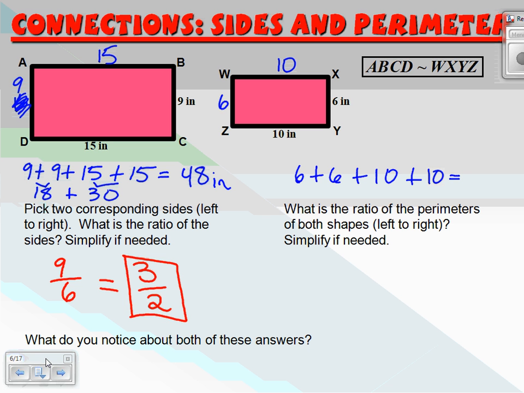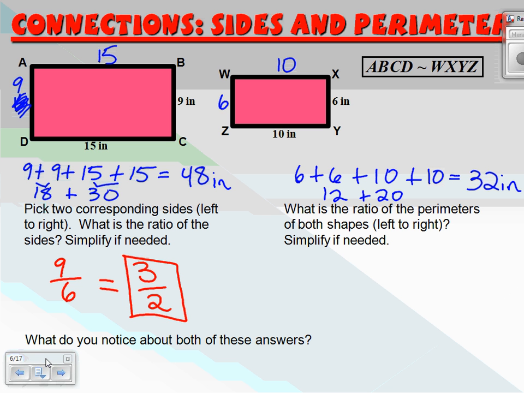What's the perimeter of the right-hand shape? 12 plus 20 adds up to 32 inches. So the perimeter of the left shape is 48 inches. The perimeter of the right-hand shape is 32 inches.